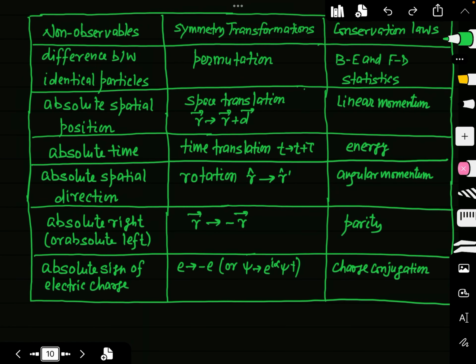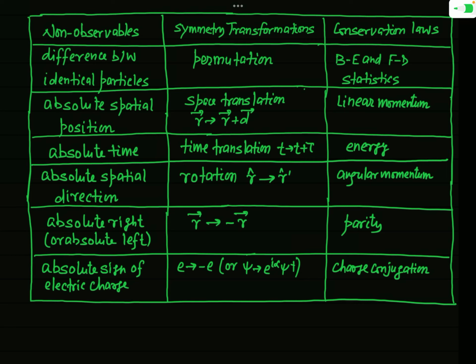The first thing is the non-observable associated with that conservation principle. The second is what the symmetry transformation or symmetry operation is in that case, and the third is which conservation principle or law corresponds to that symmetry transformation. We will see these three facts here. This is just information, you should remember it.